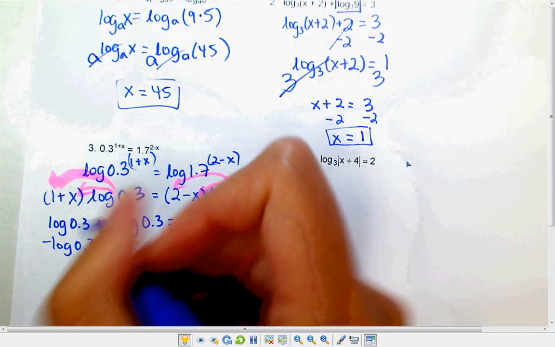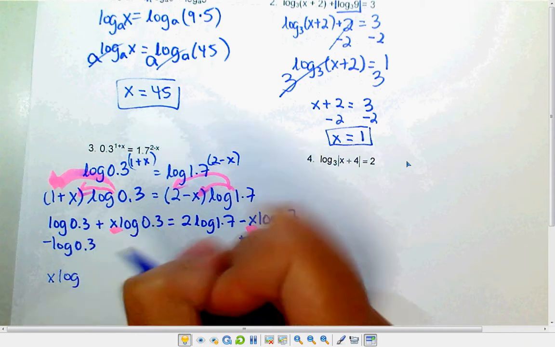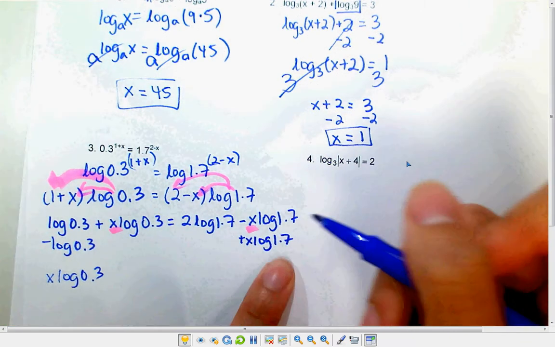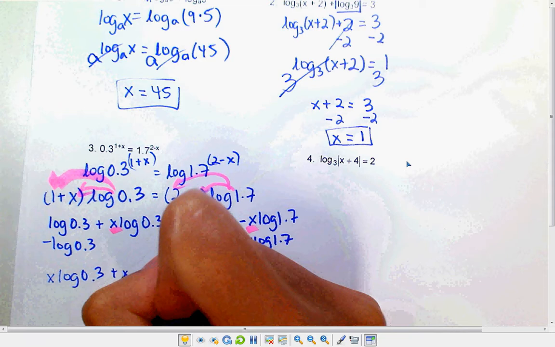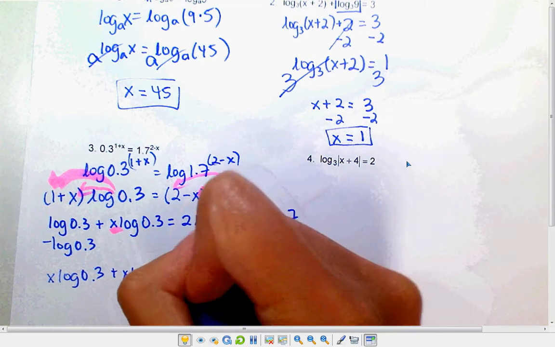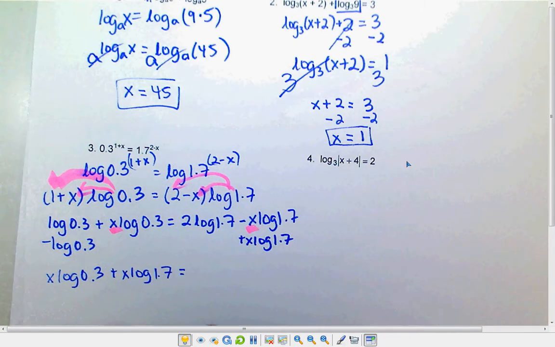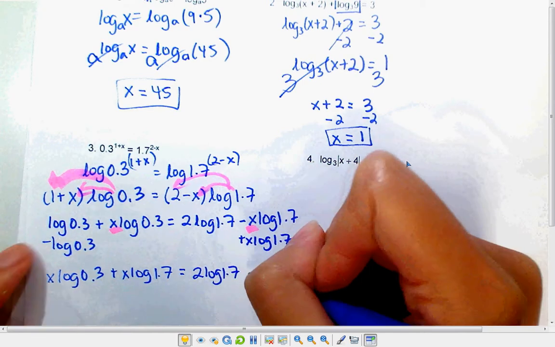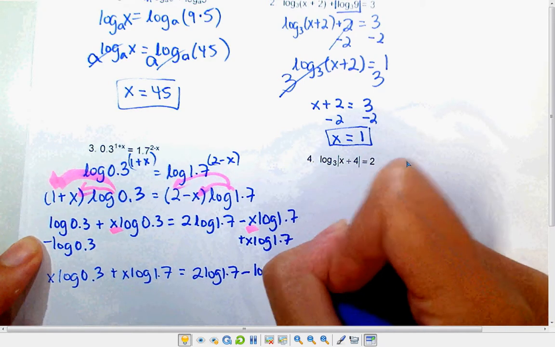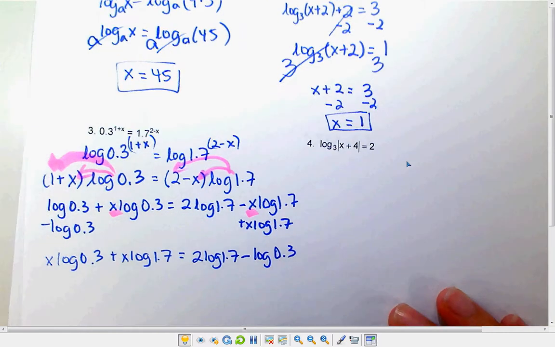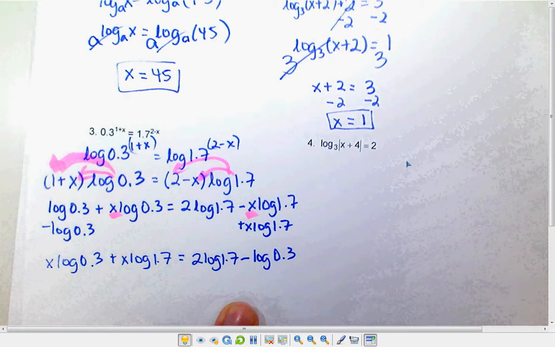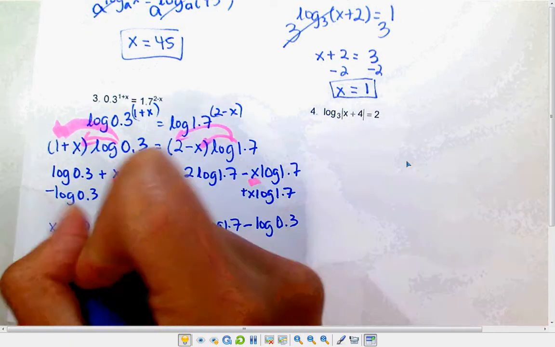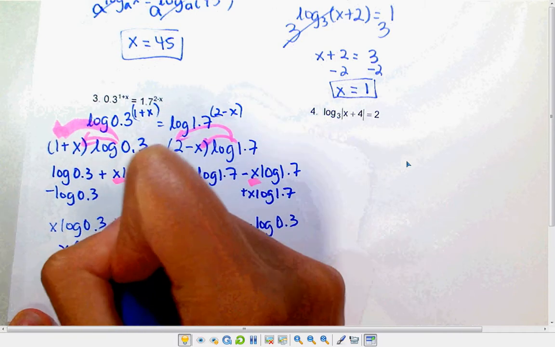So this leaves me with x log 0.3 plus x log 1.7 equals, and on this side I still have 2 log of 1.7, and now I'm subtracting log of 0.3. Okay. So now to solve for x, I'm trying to get x by itself, so I'm going to factor out an x here.